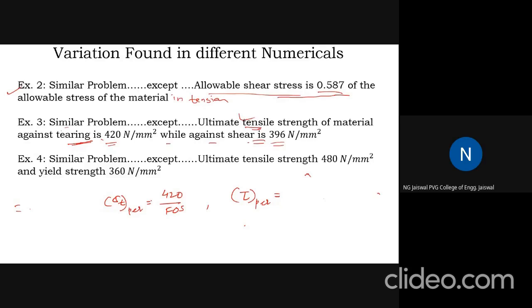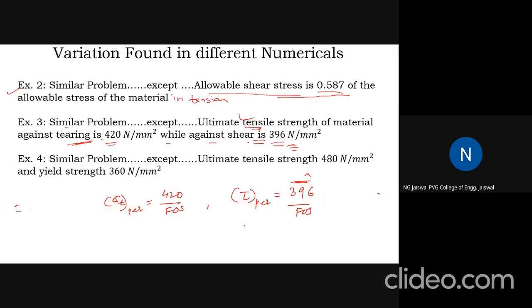Mind well. Permissible shear stress is not equal to 50% of SYT or 0.587 of SYT. No. Why? Because shear strength is also given separately. That is why here now permissible shear stress will be equal to 396 divided by factor of safety, because separate strength of shear is given. So this way you can take care of this problem.